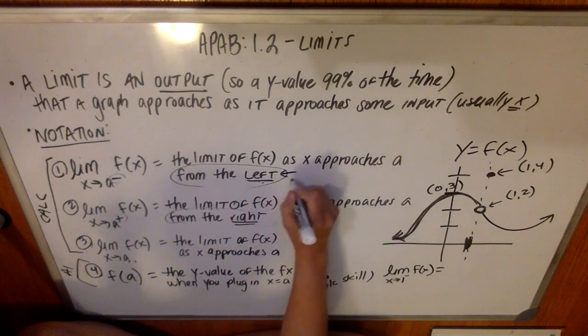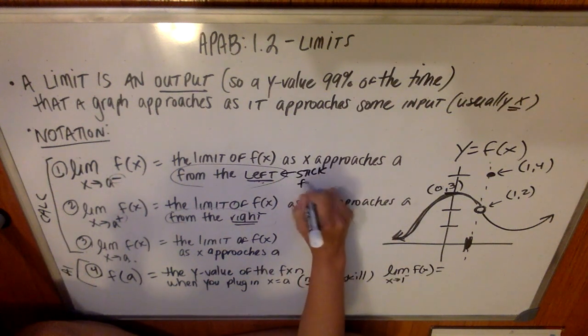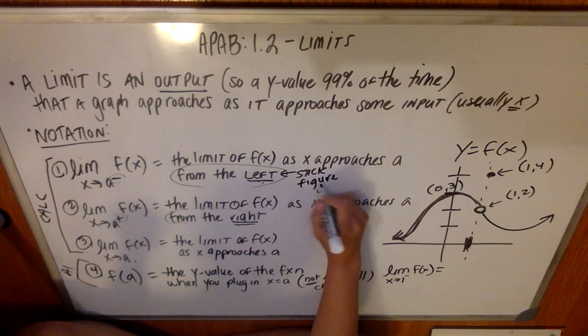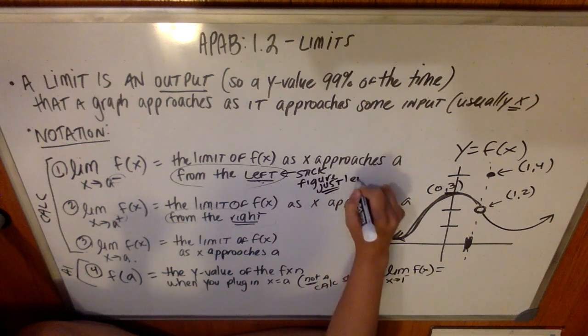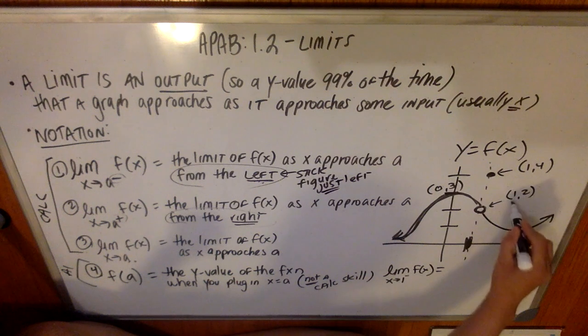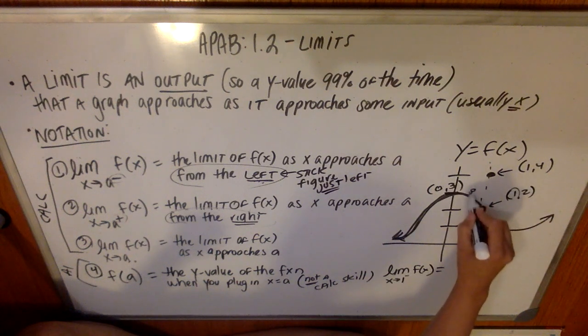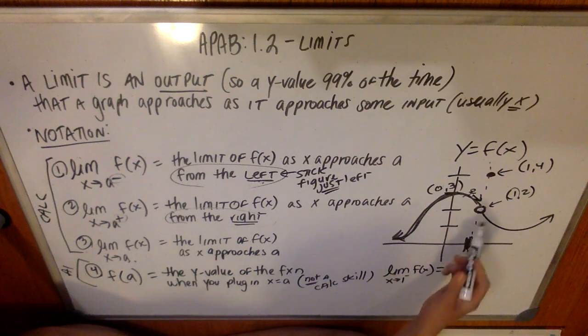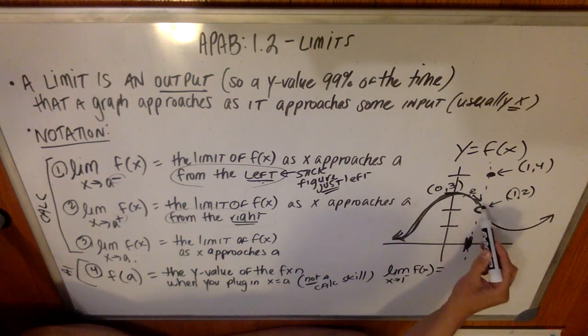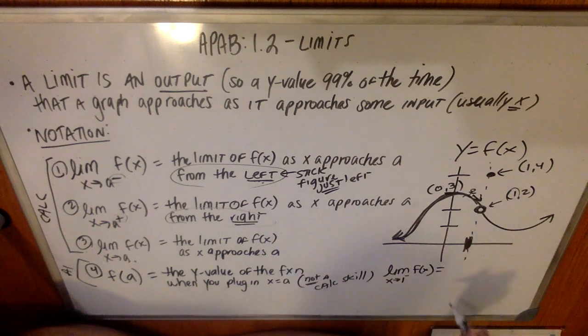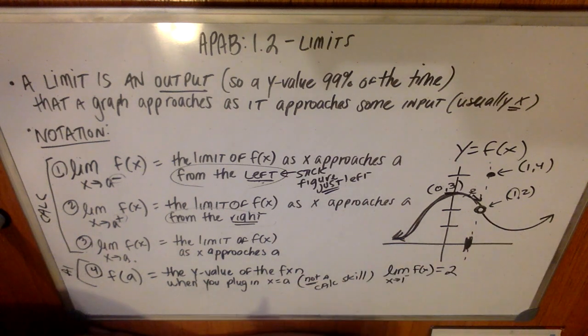You don't have to draw the stick figure, but just left of whatever point I said. So I'm just going to go just left of 1, and then that guy's going to walk towards that x value of 1. What y value is this guy walking towards? Well, he's walking towards that weird hole that happens at 2. So he's walking towards that y value of 2.